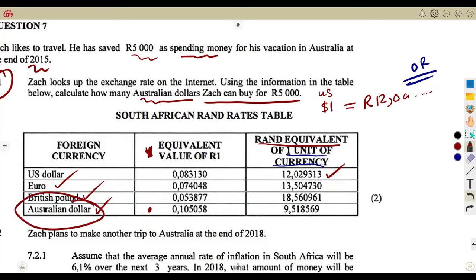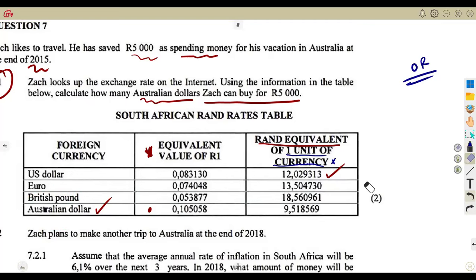the Australian dollar. So this time it means 1 unit of currency, like I said, we are focusing on Australia. The 1 unit of currency is the Australian dollar. So each unit is equal to the rand equivalent, South Africa's currency.